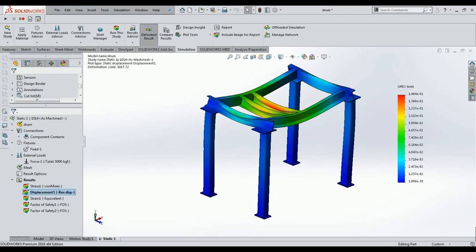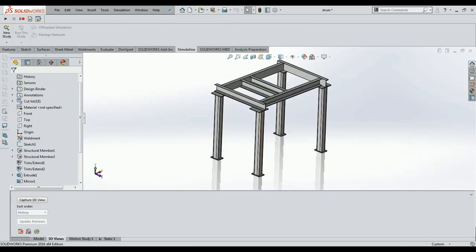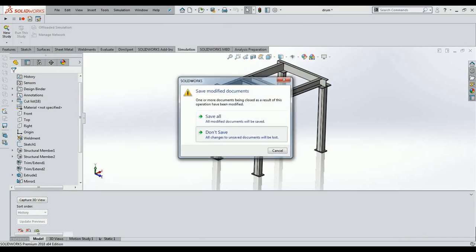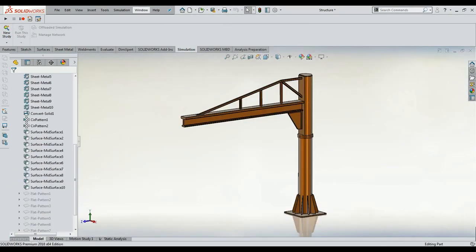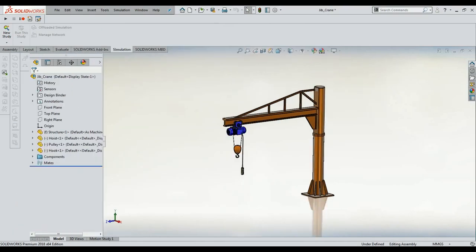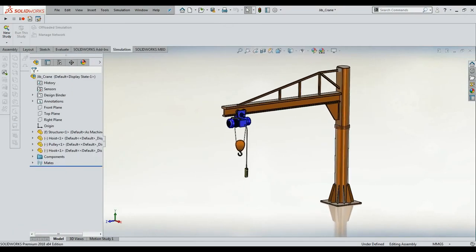Here, for example, I just want to share another example: lifting equipment like the jib crane. Actually, this is one of the models, and the motor travels to and fro on the frame.